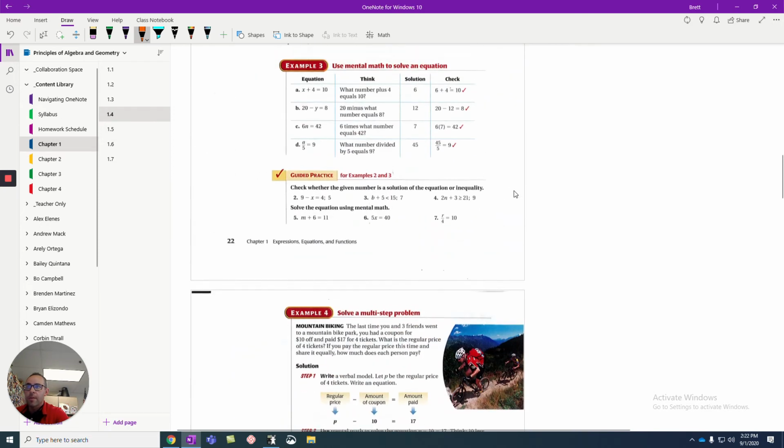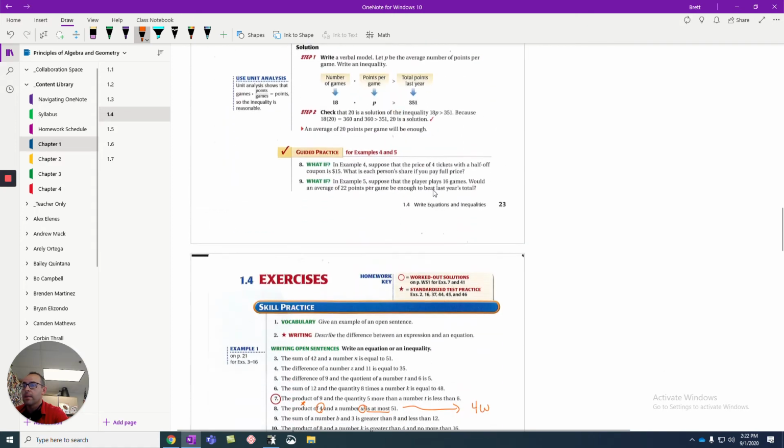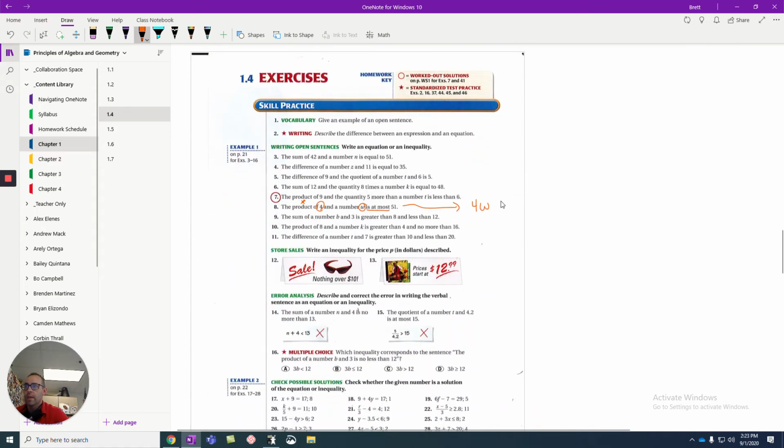So I'm going to come up here if I have any question. At most, that phrase right there, at most is the less than or equal to symbol. So I'm going to come back down here. I'm going to say that 4w is less than or equal to 51. It can be equal to 51. It can be less than 51, but it can't be more than 51. That's what this is saying. And that is what we're after on these. We want to be able to build these equations, including an inequality more often.